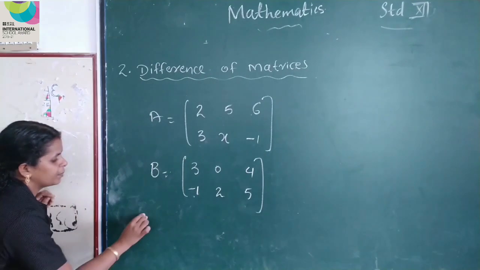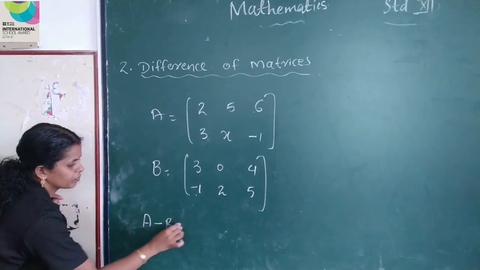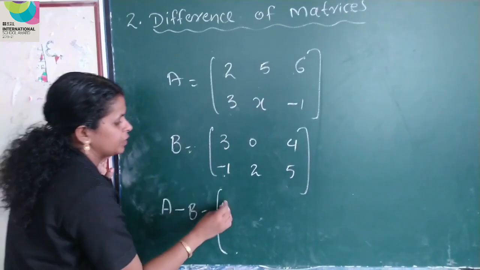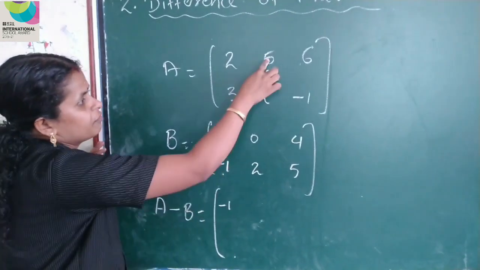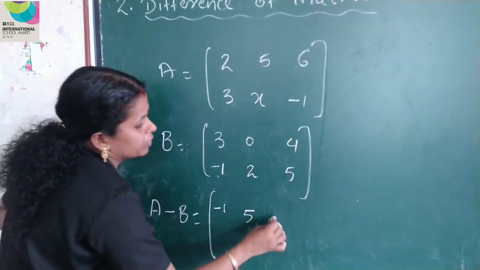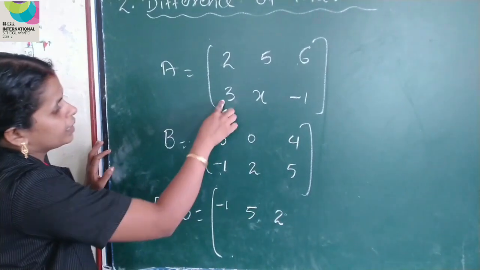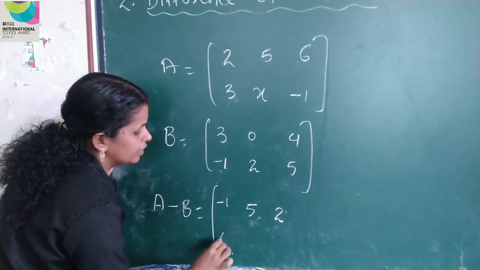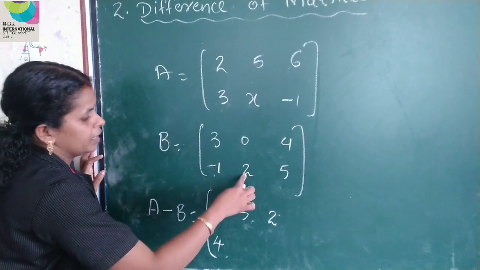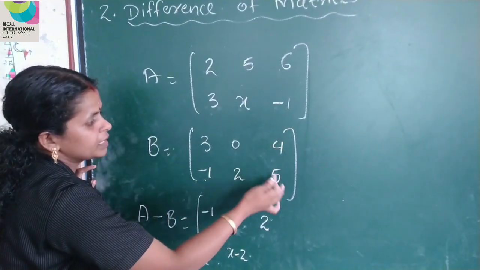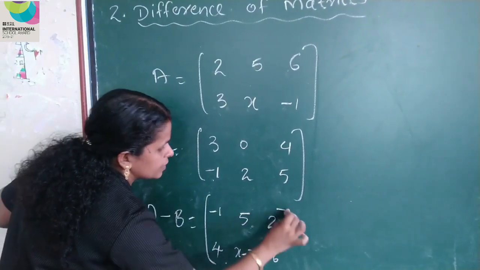Then A minus B equals matrix 2 minus 3, which is minus 1, 5 minus 0, that means 5, 6 minus 4 equals 2. Then 3 minus minus 1 is 4, x minus 2, and minus 1 minus 5, that means minus 6.